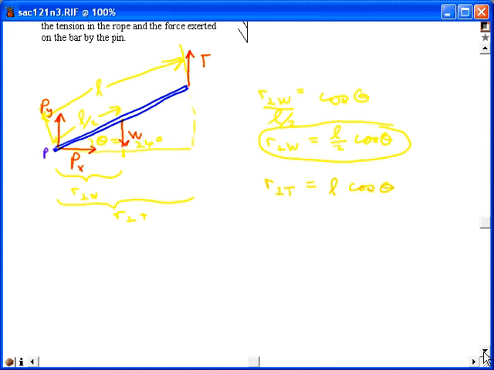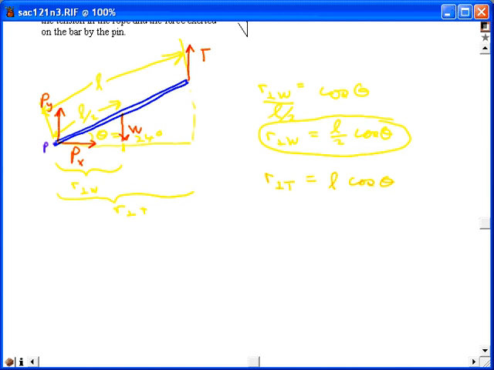I think the simplest one is going to be the sum of the forces to the right. The simplest equilibrium condition: net force to the right is equal to 0 because the object is not accelerating. And this just tells me that Px is equal to 0, because that is the only force to the right.